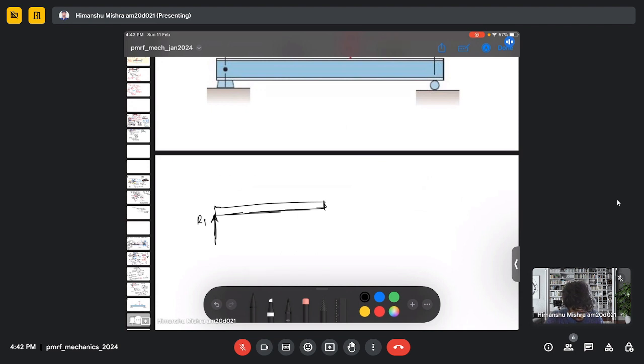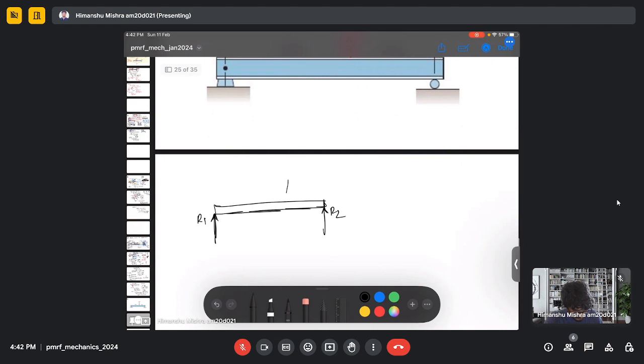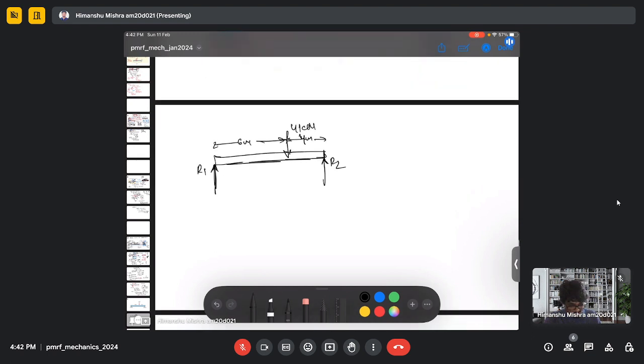Let's say this is R1, R2, this is 4 and this is 6 meter. So first we need to find the normal reaction. So we can take the moment along R2.